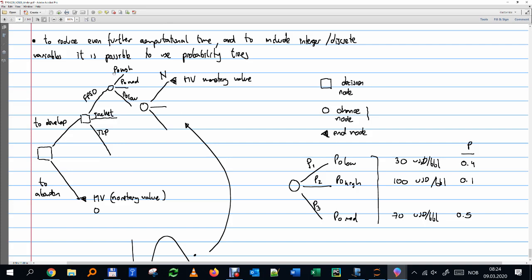It's not something I decide, it's something I simply get. But this node is interesting because it represents the distribution we calculated before.